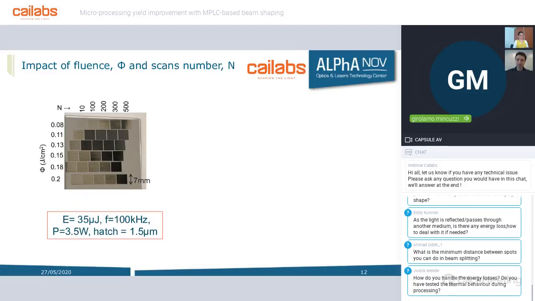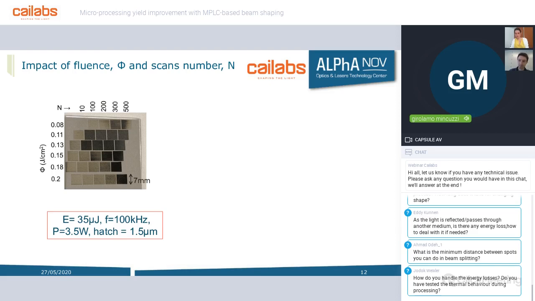Here you see the result we got. We fixed the pulse energy to 35 microjoule and the repetition rate to 100 kilohertz, leading to an average output power of 3.5 watt, and we scanned squares of 7 millimeters by 7 millimeters with a pitch of 1.5 micron.